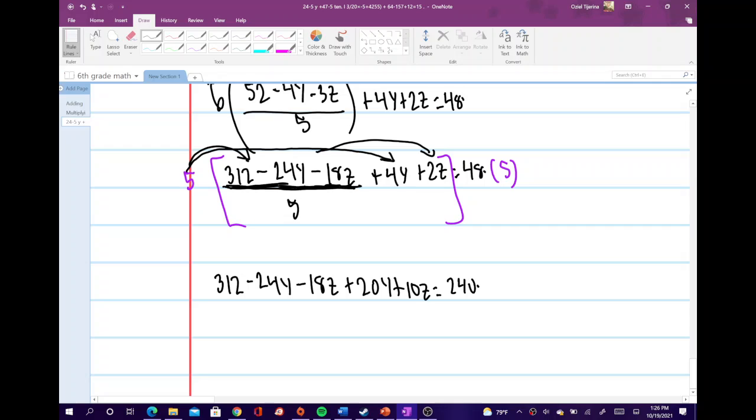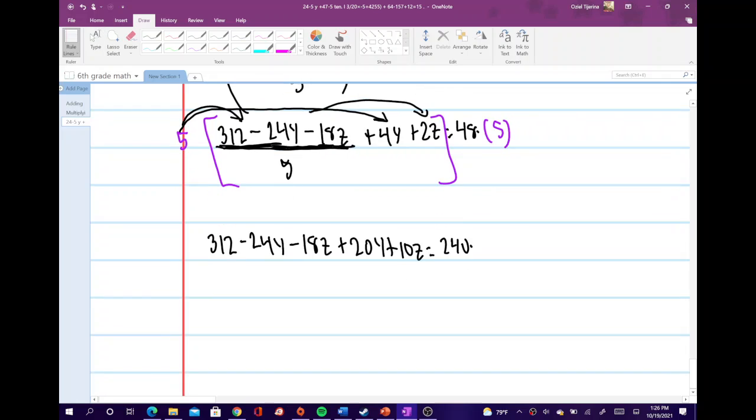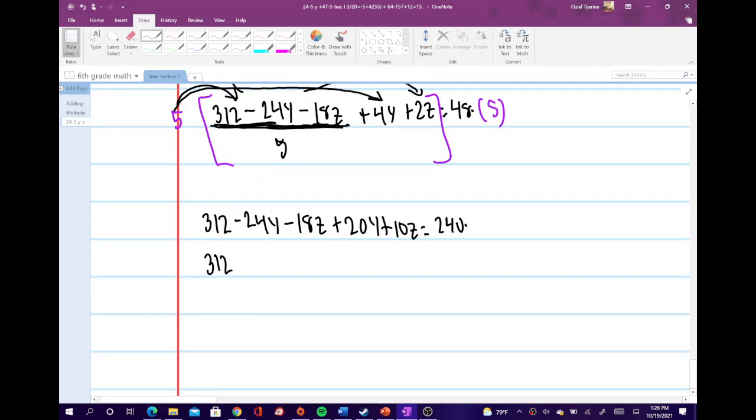So now it's a matter of combining like terms, cleaning it up a little bit. We have 312, and then minus 4y minus 8z equals 240, right?